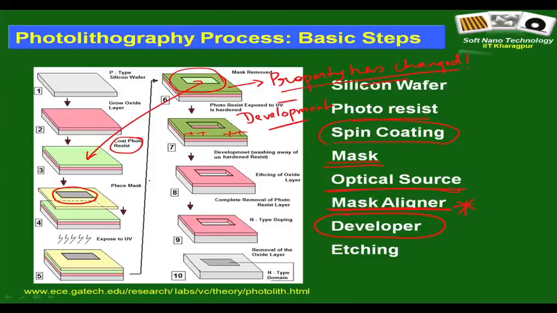So, you transfer the structure you had created on the photoresist layer into the oxide layer. This part should be bare, and then you expose it into the doping chamber, and then you actually have a doping over this area, the exposed area. And as I already mentioned, for further processing you need to even remove the barrier layer or the oxide layer. So, this is in a nutshell the entire steps associated with photolithography.